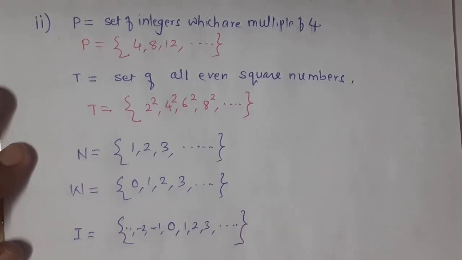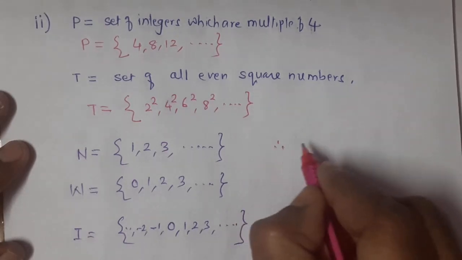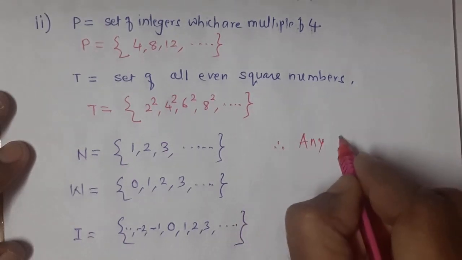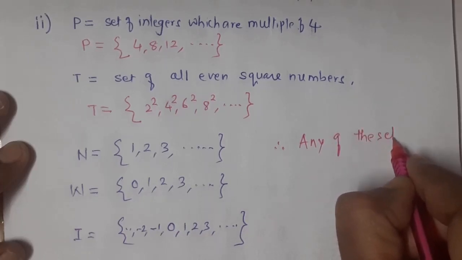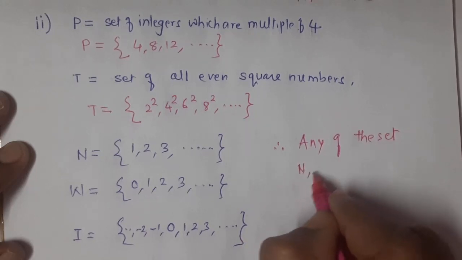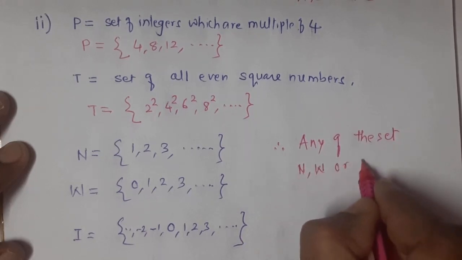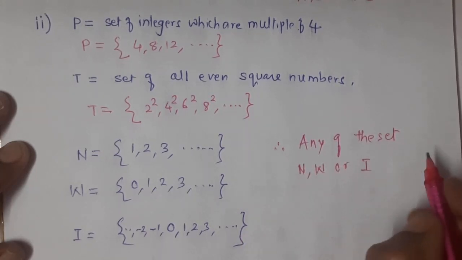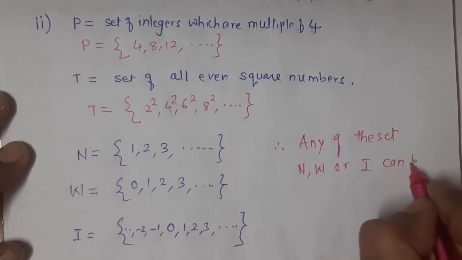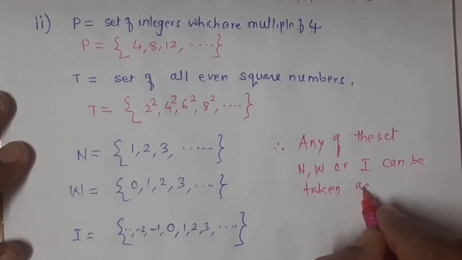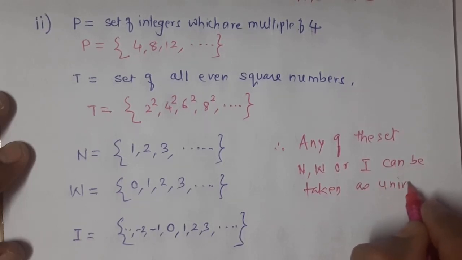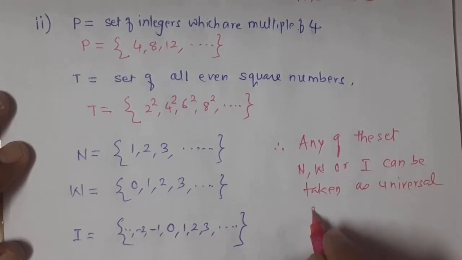So we can say that any of the sets N, W or I can be taken as the universal set.